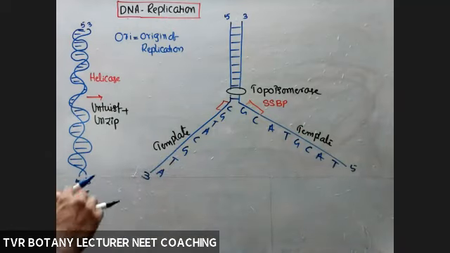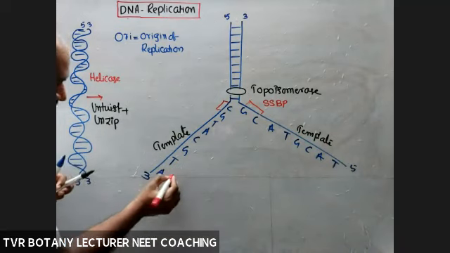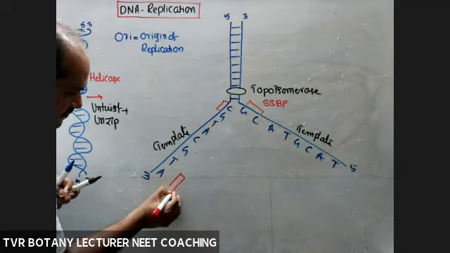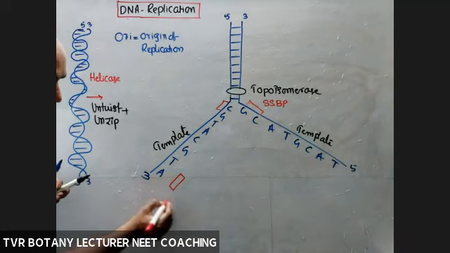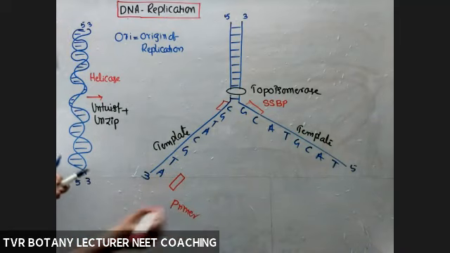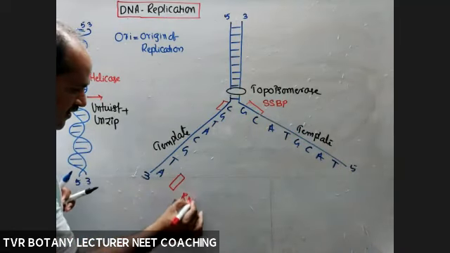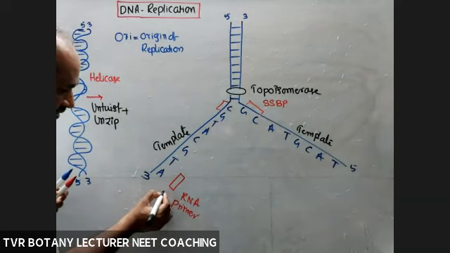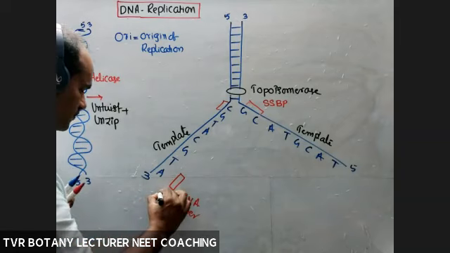Now, attachment of primer. It is an RNA primer. What about the orientation and arrangement of primer? 5 to 3.